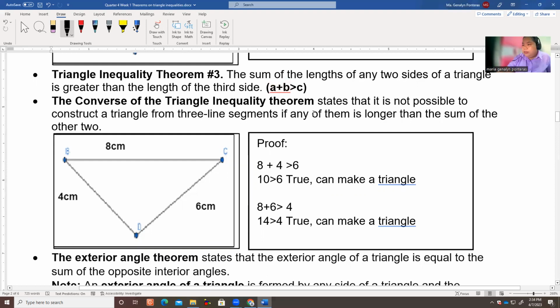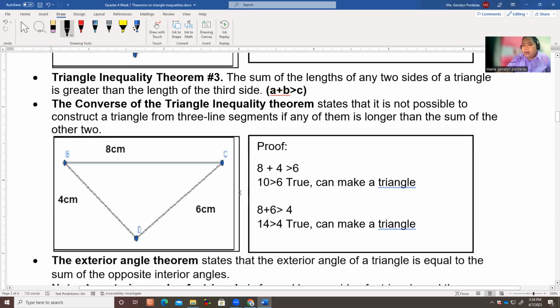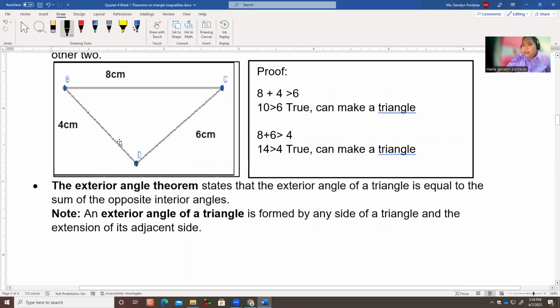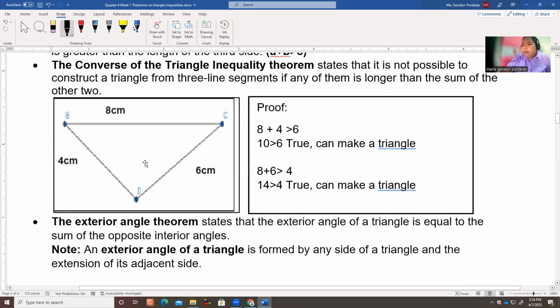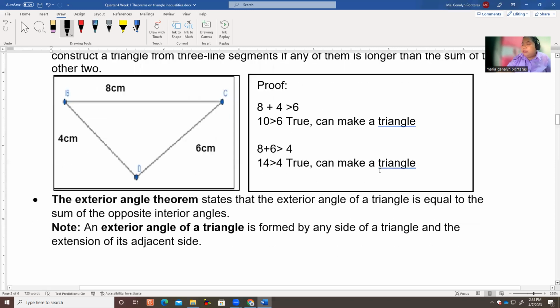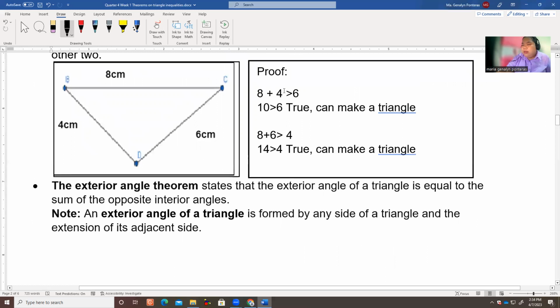Okay, so let's have this one. So I use the same picture here. So 8 cm, 6 cm, and 4 cm. So dapat lahat ng ito, pag ginawa natin, dapat true siya para maging triangle. So 8 plus 4, that would be 12 greater than 6, so that's true. And 8 plus 6 is greater than 4, so 14 greater than 4.